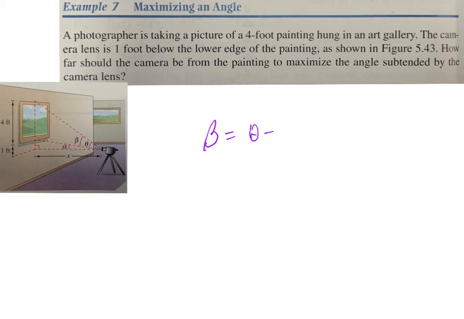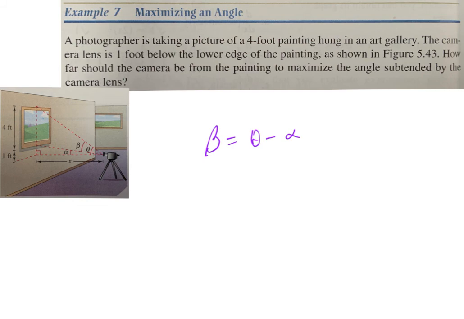All right, so here's what we've said. This angle here is the angle from the lens itself minus the little angle that's created underneath the picture. And so they want to maximize beta, they want to maximize that angle.